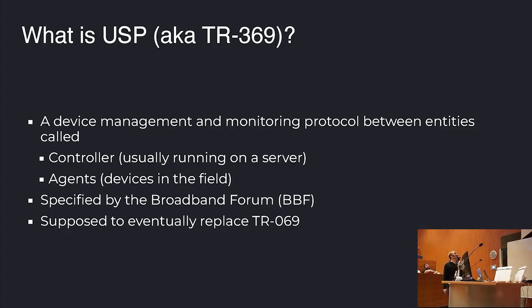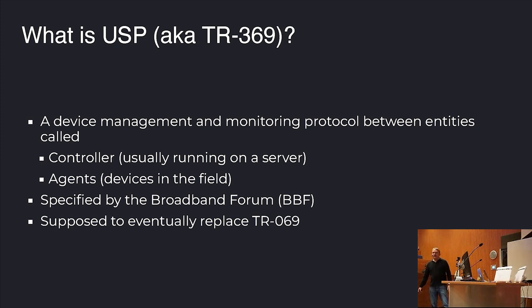So let's see. First step, of course, is what is USP? It's also known as TR-369. You've heard a lot about that during the last couple of days. It's basically a device management protocol standard. It was introduced, or specified, by the Broadband Forum. It follows a few basic principles.